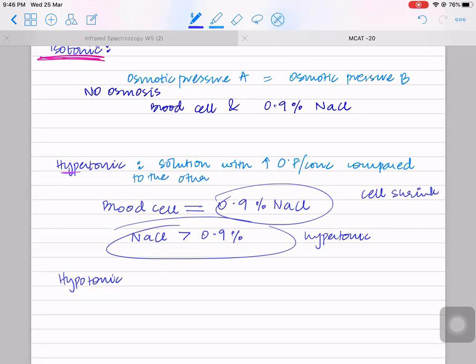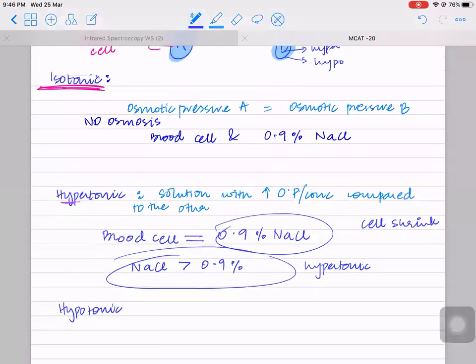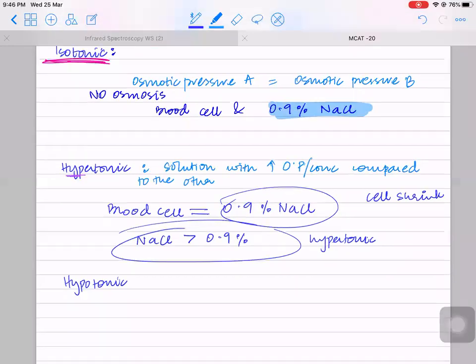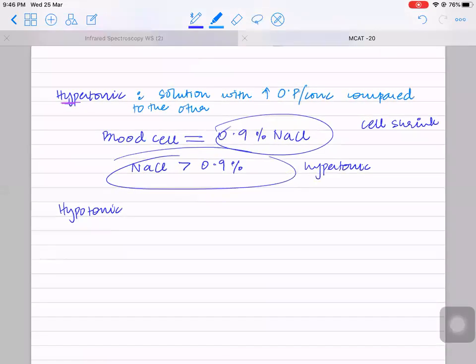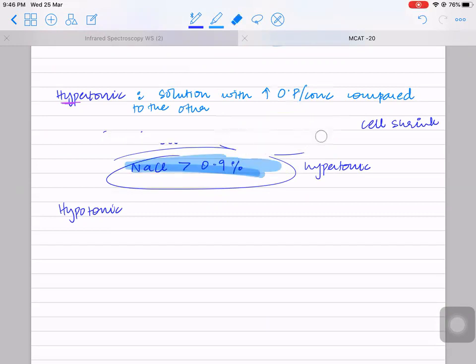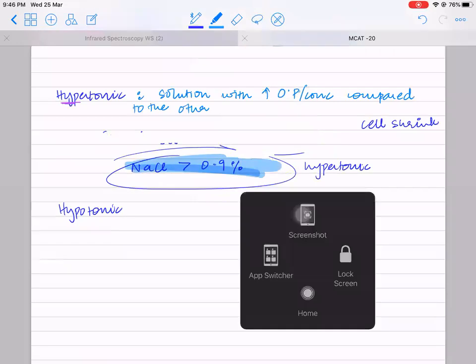When you placed it in 0.9% NaCl, nothing happened. There was no osmosis. But when you place it in a hypertonic solution, what's hyper? Hyper means more, right? Like hypertension. So when you have NaCl greater than 0.9%, your cell will shrink.